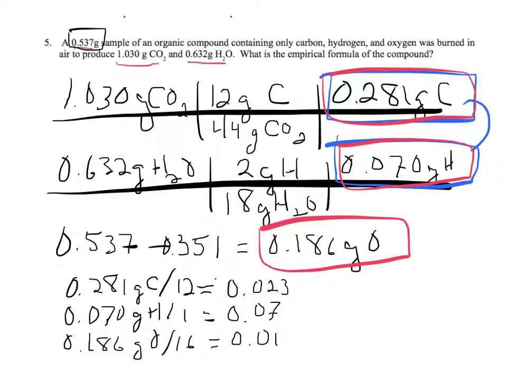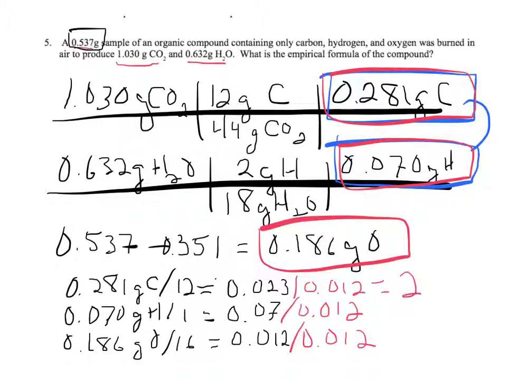So now we're going to divide by the lowest ratio. And this is actually the first one. So divide everything by this value here, 0.012. Divide this by 0.012. Divide this by 0.012. Okay, and this value comes out to be approximately 2.